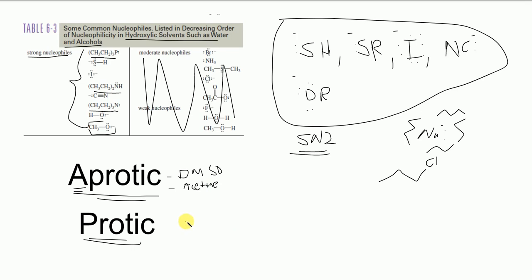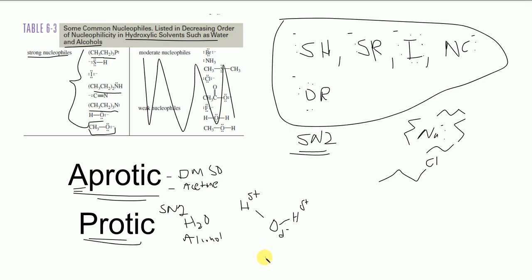Protic, on the other hand, are things like water, right? Alcohols, so ethanol, methanol, propanol, all those things. And what those things have, so let's look at water, right? Water has partially positive hydrogens, right? And these can do hydrogen bonding, right? And what these will do for the SN1 reaction, because SN1 likes protic.